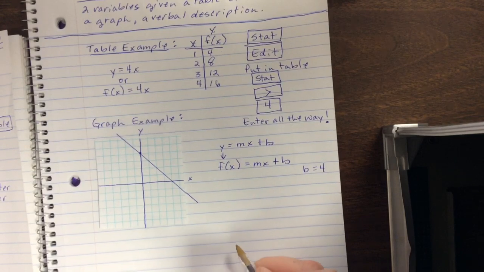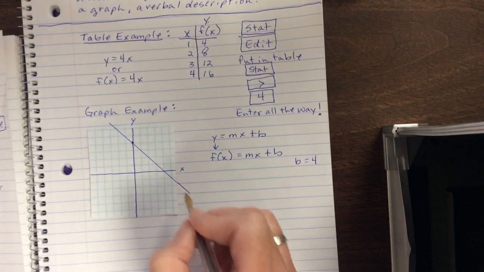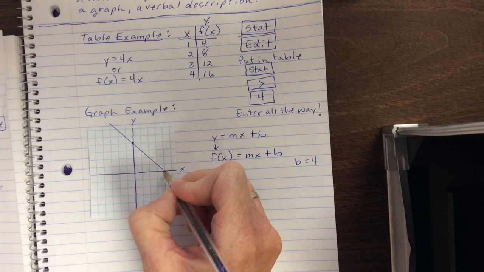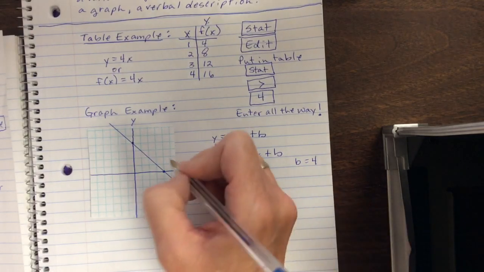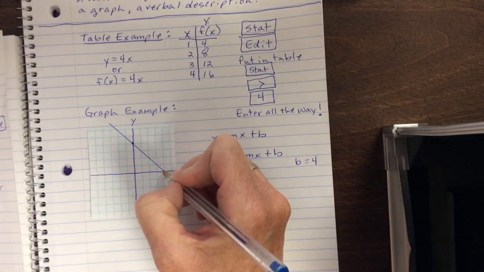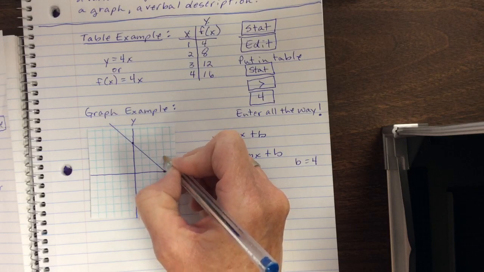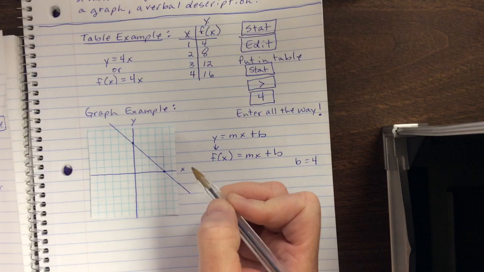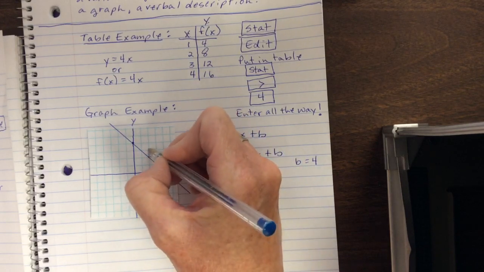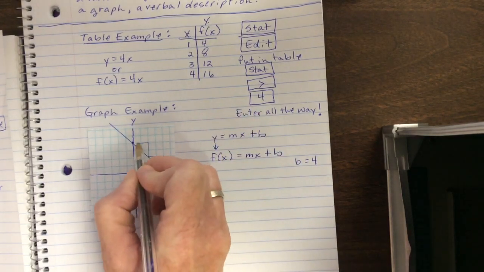Now we need to identify the slope, and we can do that by plotting another point. It has to be an exact point, and doing rise over run. So we're going to rise 2, and we're going to run 2. Rise 2, run 2.